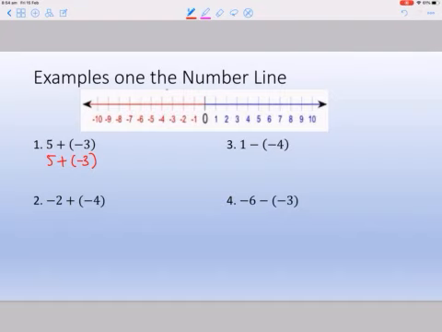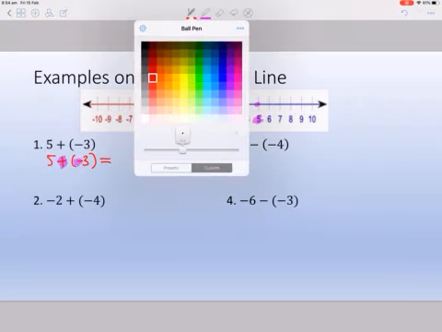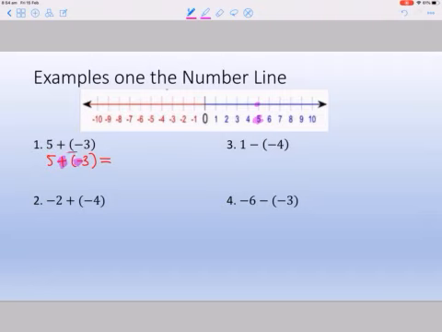5 plus negative 3. Okay. Now, to do these questions, the first thing we have to do is put our starting point. So our starting point is what is the first number. So it's number 5 because it's there. Okay. Now, it's got two things. It says plus negative 3. When we have a plus and a negative, that means the whole thing will be negative, okay?